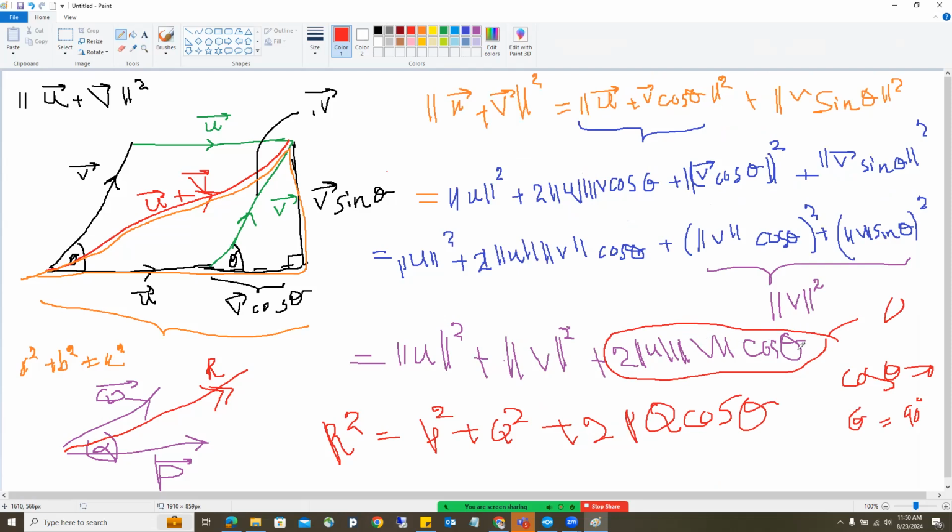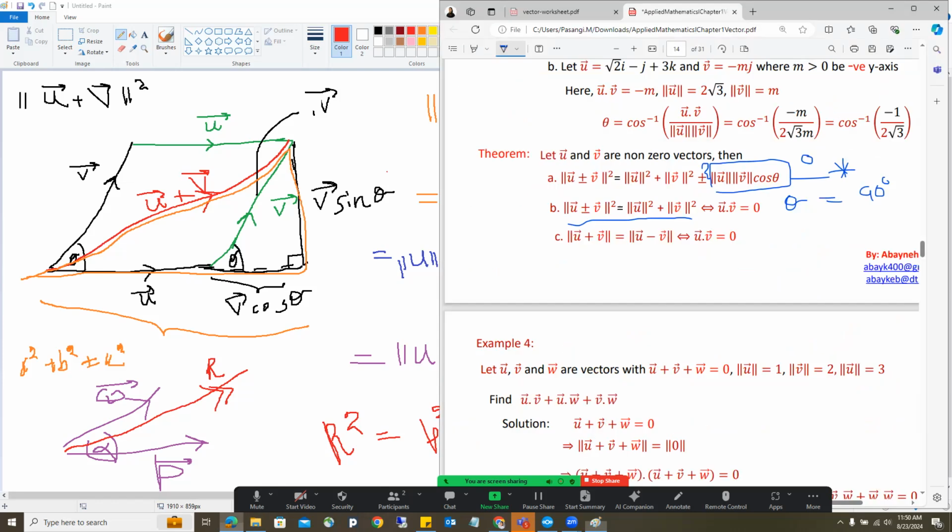Then the only thing that can become 0 is cos theta. Cos theta becomes 0 when theta is equal to 0. The same thing happens for the third one as well.